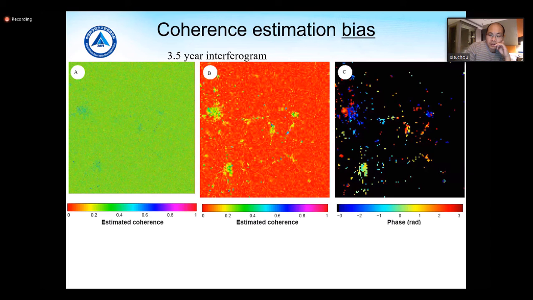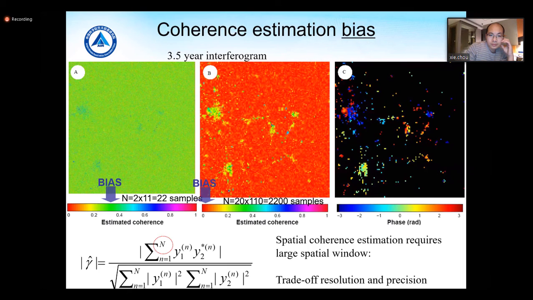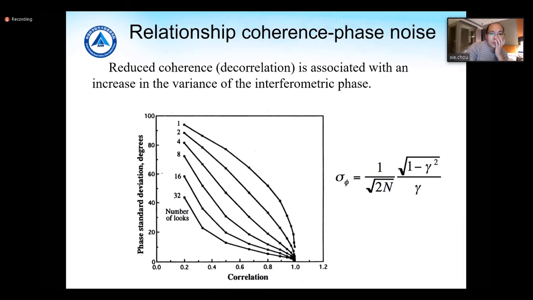We can find that in the other area we can get phase, while in the vegetation area we cannot find any information. Reduced coherence or decorrelation is associated with the increase in the variation of the interferometric phase.